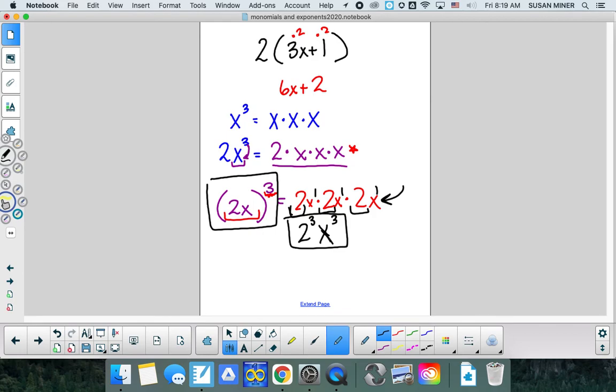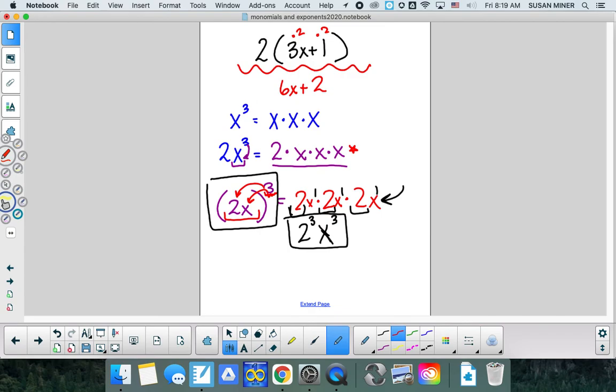Hopefully you noticed that this exponent is getting distributed to each thing inside the parentheses. And that is exactly what happens. It's kind of like when we had the distributive property before and we distributed the coefficient inside the parentheses.